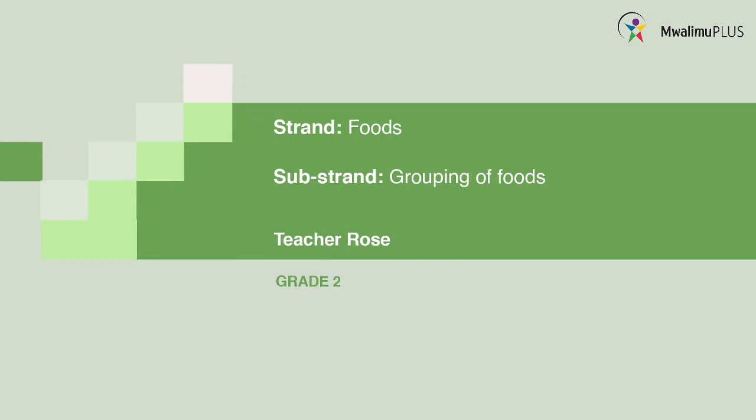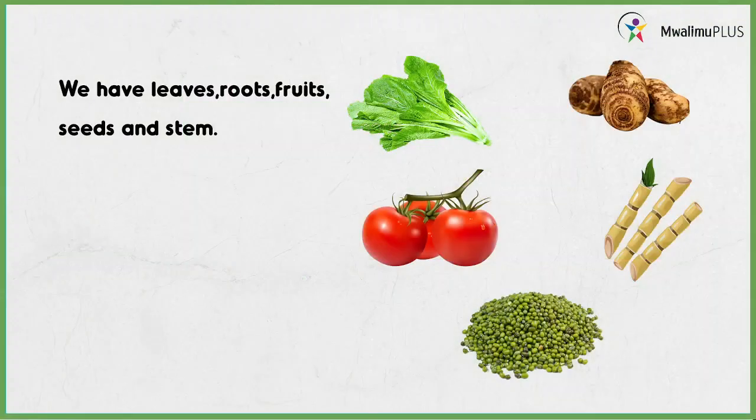We are still talking about foods, whereby we'll be dealing with the grouping of foods. Now, we have different types of foods, and all these kinds of foods are very important in our body. Now, we get food in different ways.